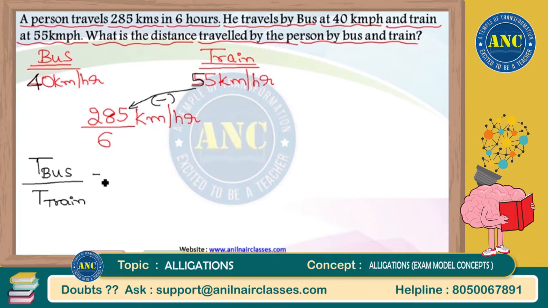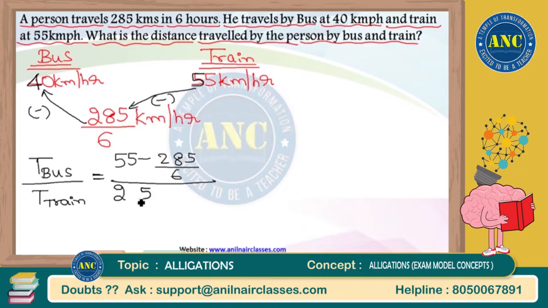This is (55 minus 285 by 6) divided by (285 by 6 minus 40). If I simplify further, 55 into 6 is 330, minus 285 is 45, so 45 by 6, divided by (285 minus 6 into 40, which is 240), again 45 by 6.